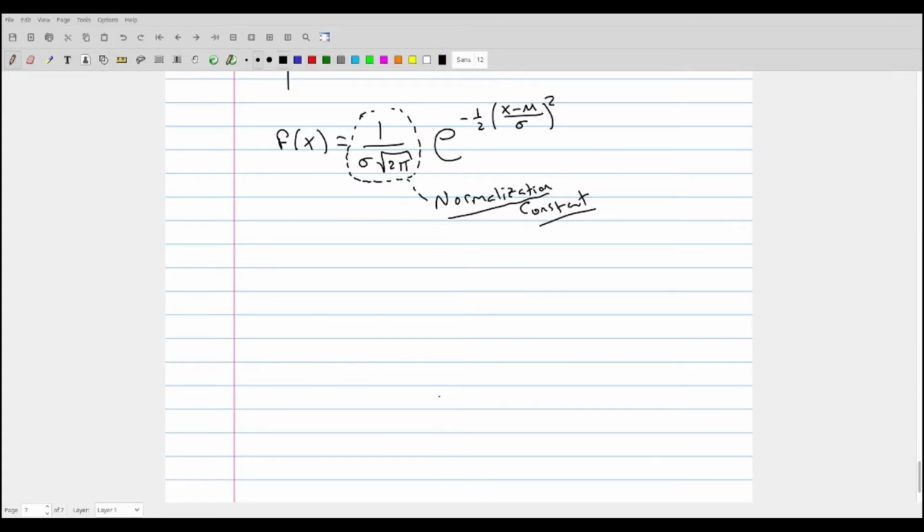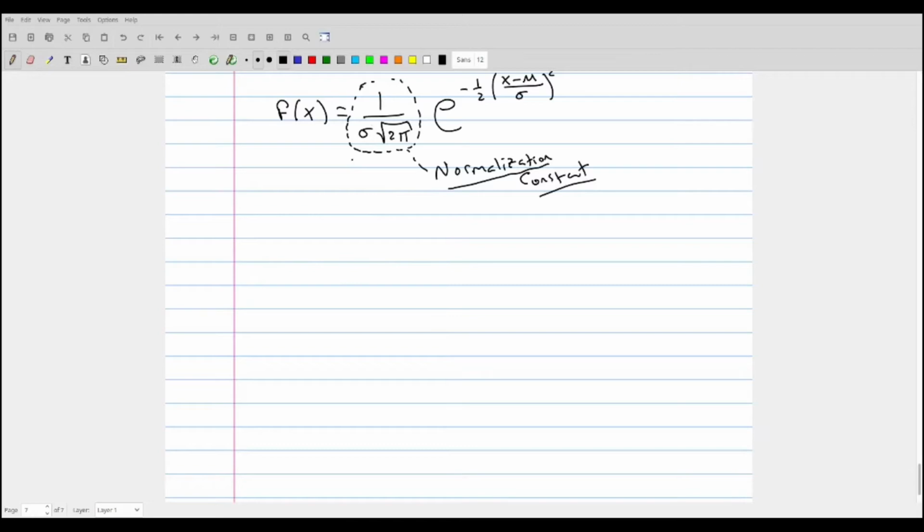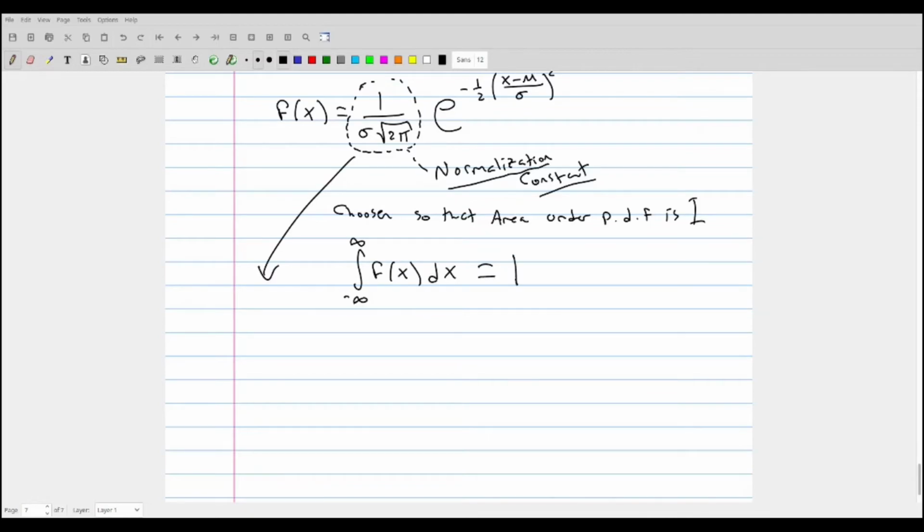For any probability density function, the normalization constant has to be chosen so that the area under the PDF, the improper integral from negative infinity to infinity of the probability density function, is equal to 1.